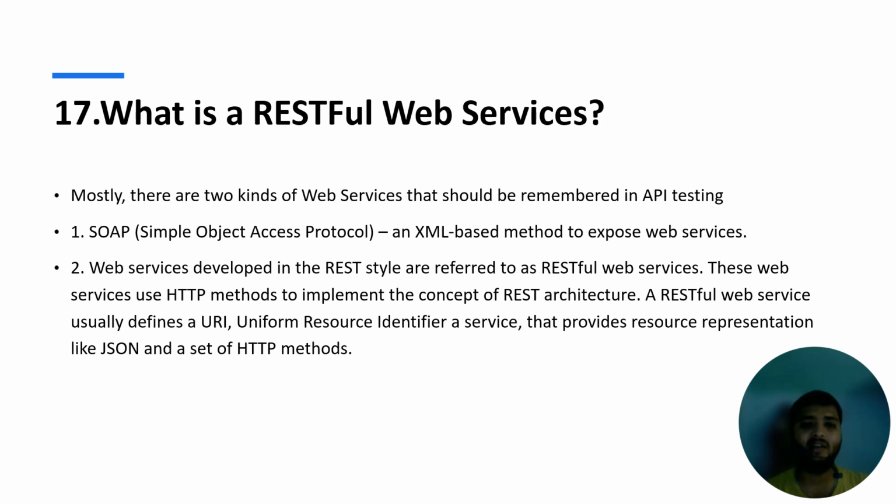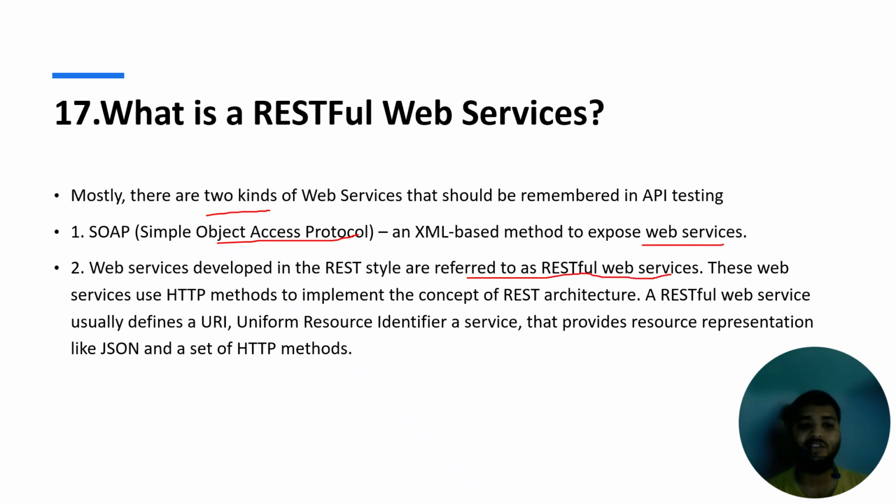What are RESTful web services? Mostly two kinds of web services should be remembered in API testing. First, SOAP, simple object access protocol, an XML based method to expose web services. Web services developed in a REST style are referred to as RESTful web services.